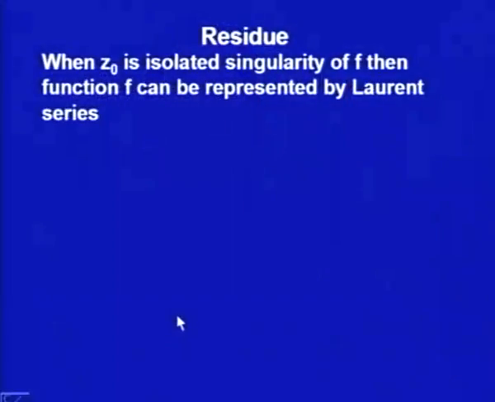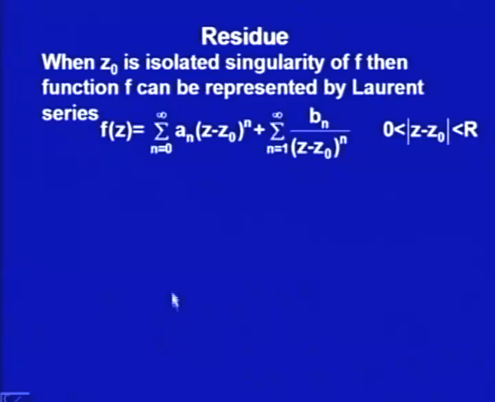For that, let us first again come to this Laurent series representation and this principal part. We know that when z naught is an isolated singularity of f, the function f can be represented by the Laurent series as the summation, n running from 0 to infinity, of a_n (z minus z naught) to the power n, plus the summation, n running from 1 to infinity, of b_n upon (z minus z naught) to the power n, in the disk 0 less than |z minus z naught| less than r.